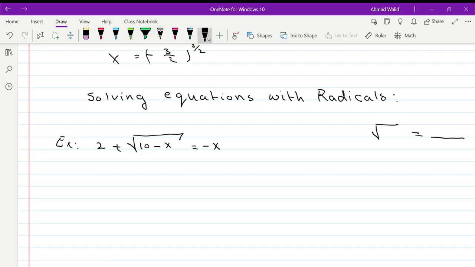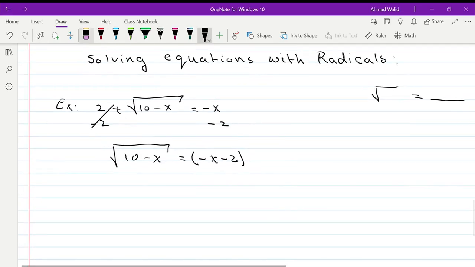To do this, I will subtract 2 first from both sides, correct? These two cancels out. Then the square root of 10 minus x equals negative x minus 2, correct? I don't need parentheses in this step.